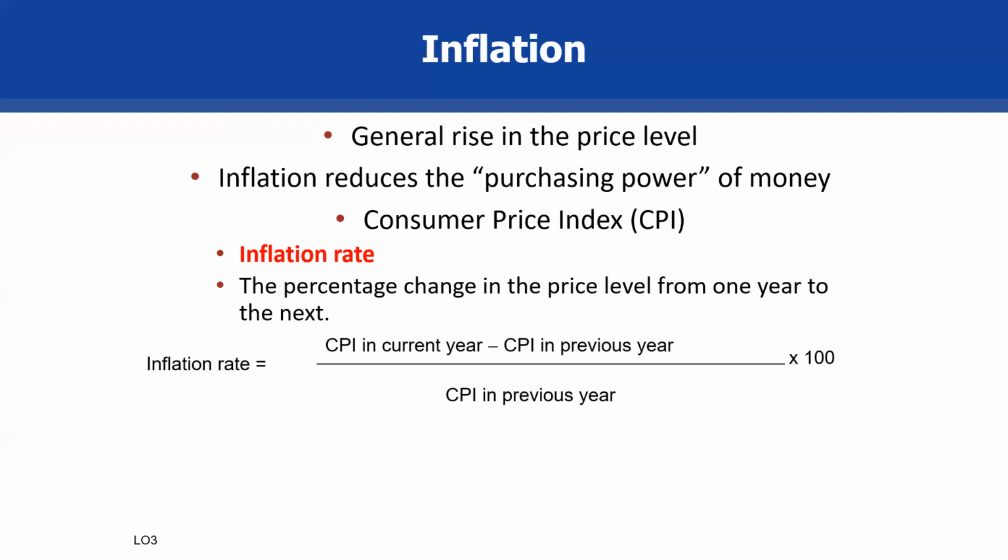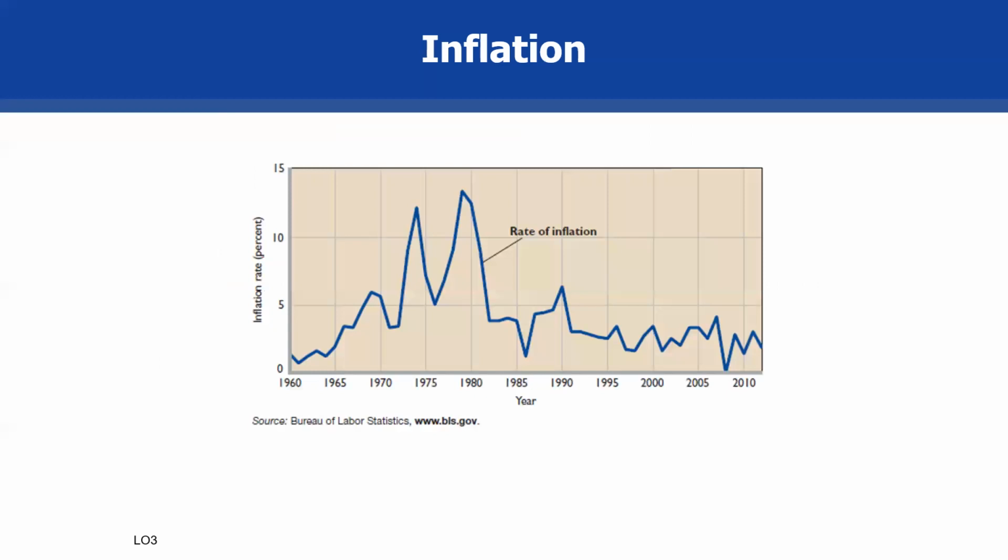Since we're talking about the percentage change, you should look at the difference between the CPI of the current year, let's say 2021, minus the CPI of the previous year, 2020, divided by the CPI in the previous year, 2020. And it's a percentage change, so you have to multiply it by 100. Okay, so the definition and the formula for inflation rate are very, very important.